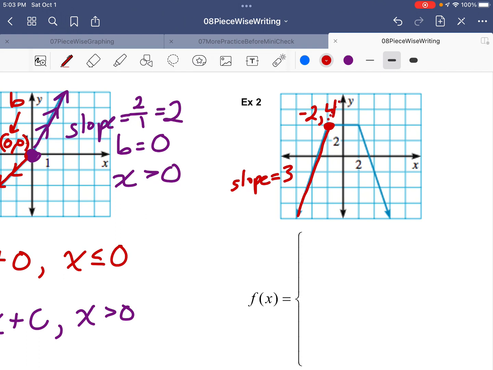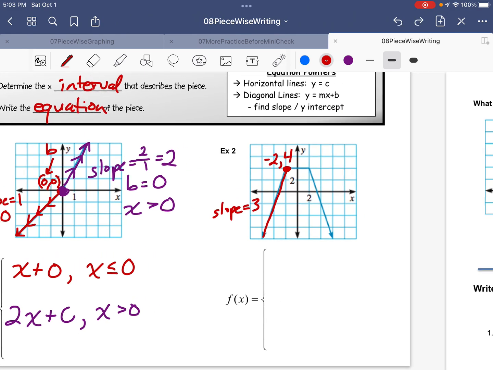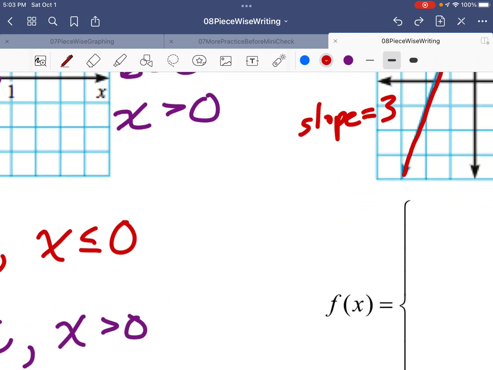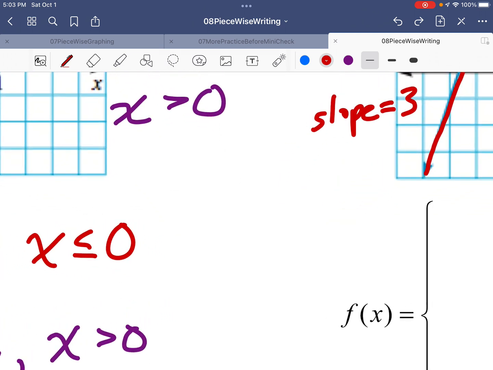Now, the y-intercept would be what happens when you extend the graph further up, but instead of guessing what that would be, what we can do is a little bit of math on the side here, right? You can plug in the point -2, 4, as well as plugging in the slope, but ultimately solving for b.